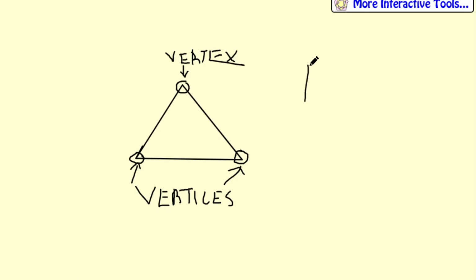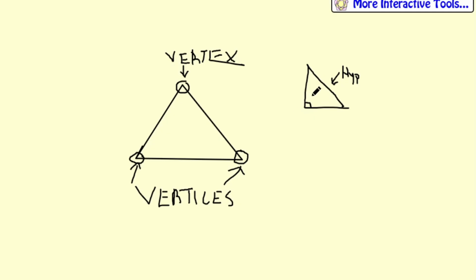So we have a right angle triangle. And in the right angle triangle, we have a right angle. All right. And the right angle is measured at 90 degrees. And then on the longest side, we have a hypotenuse represented by HYP. All right.